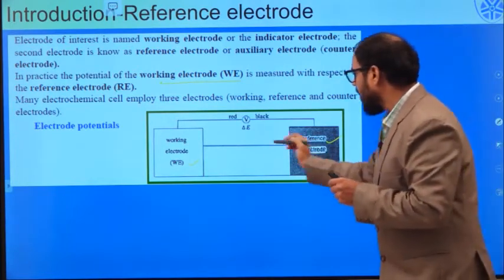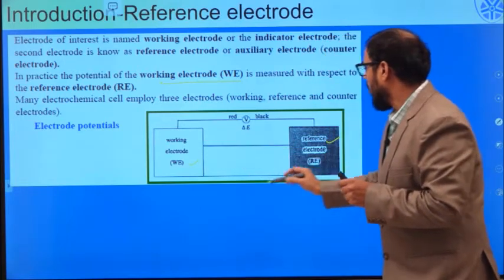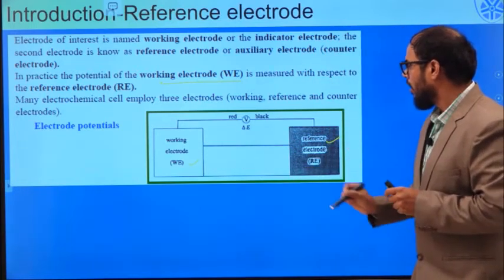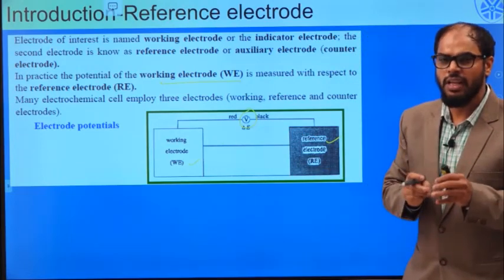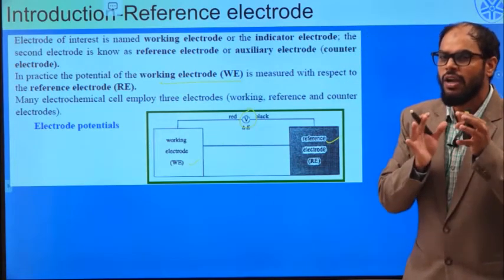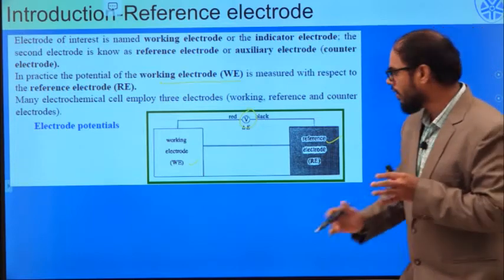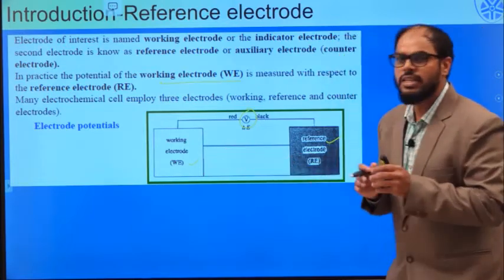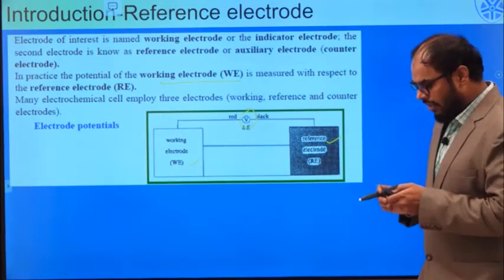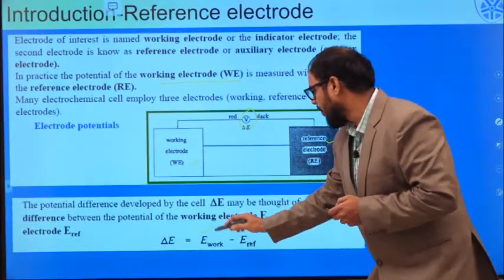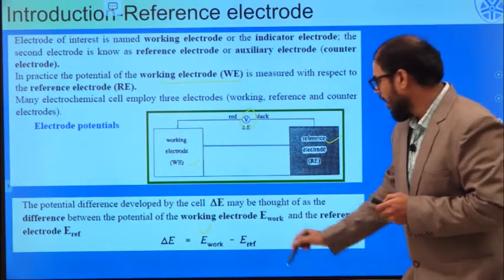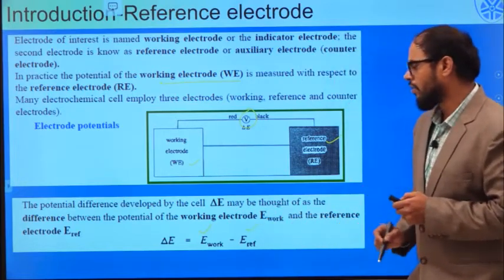Once we connect the working electrode to a reference electrode by using a voltmeter, we can find out the cell potential of the unknown electrode or the working electrode at standard conditions. And how are we going to find out? The simple calculation is the electrode potential of the working electrode minus the electrode potential of the reference electrode.